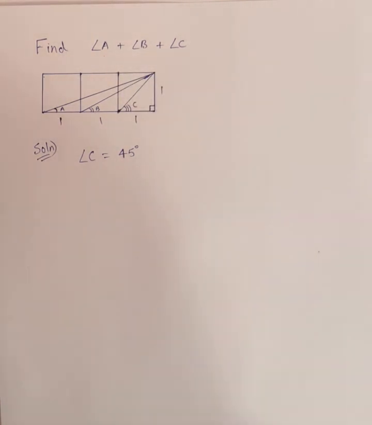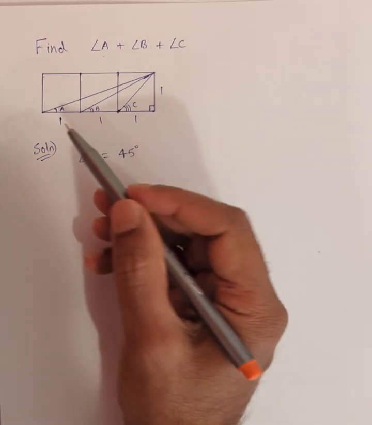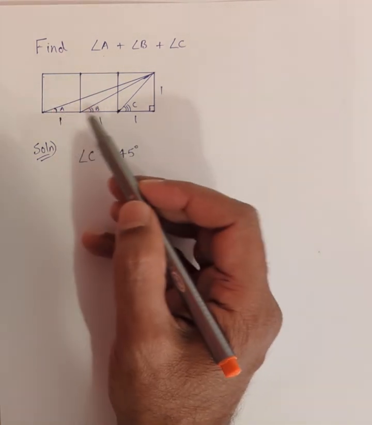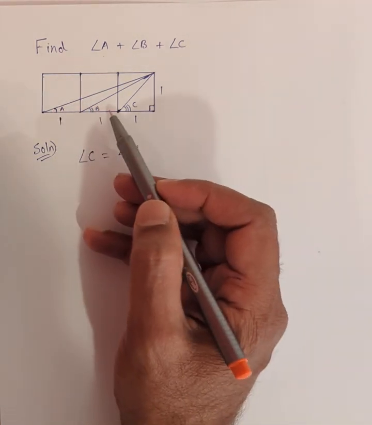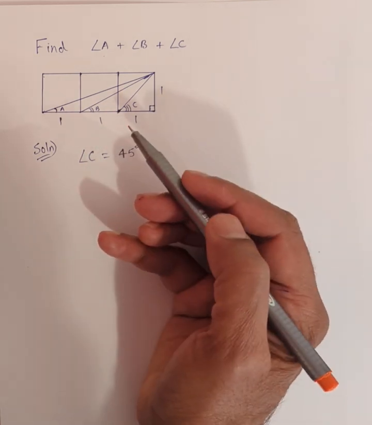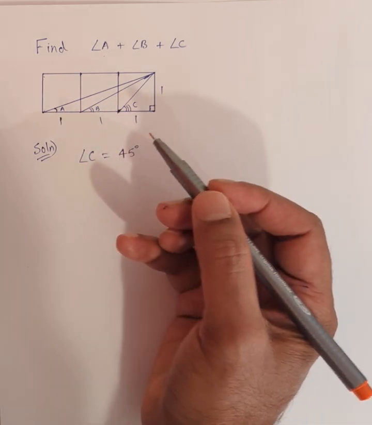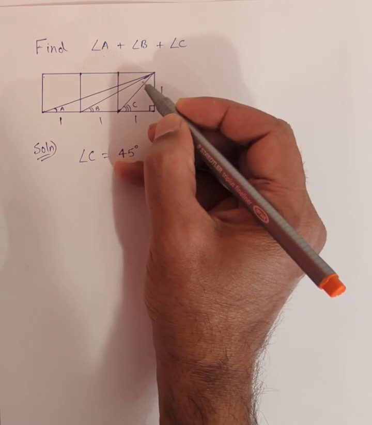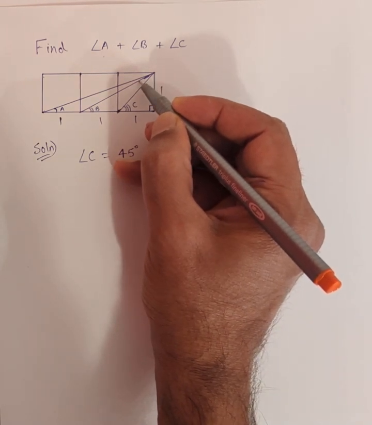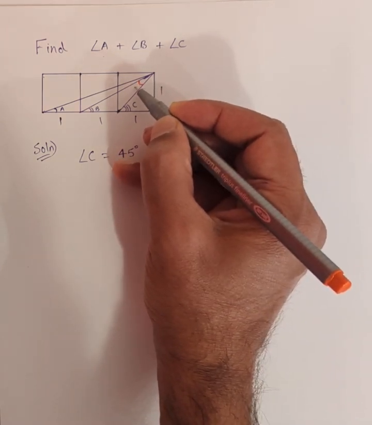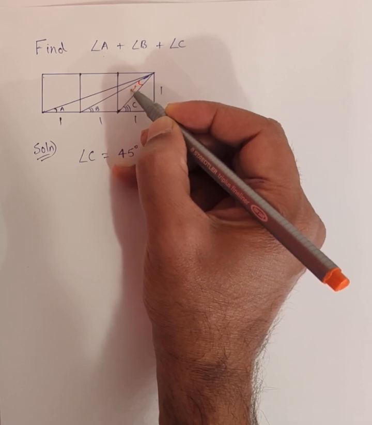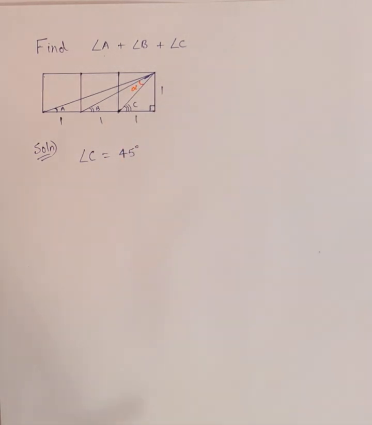Now we don't seem to find any connections between A and B, so we will look at this particular angle. Call this angle alpha.